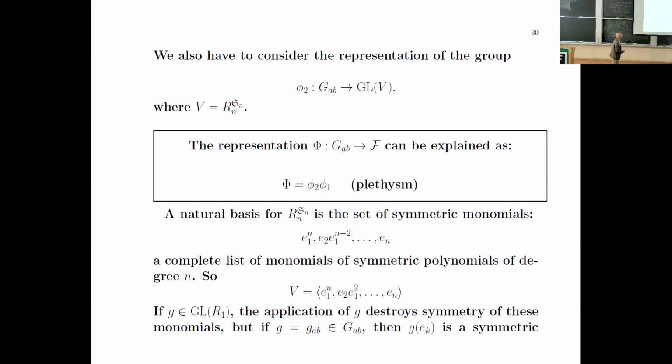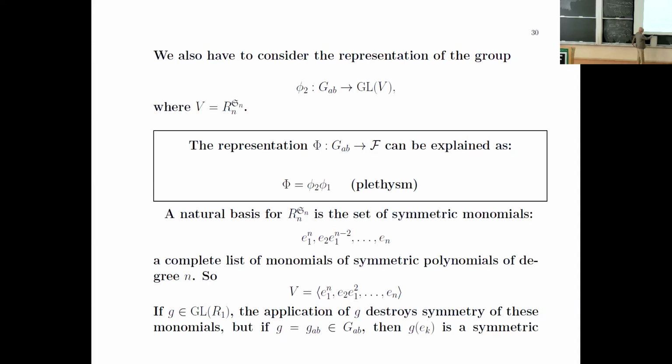Another one, which I call phi2, it can be explained like that. A natural basis for this space is those things. And if a general linear element is applied to these polynomials, it destroys the symmetry.